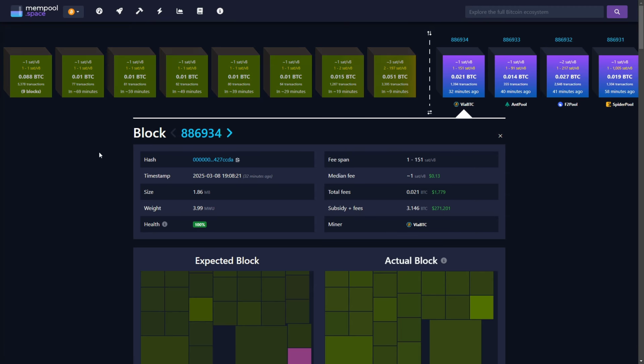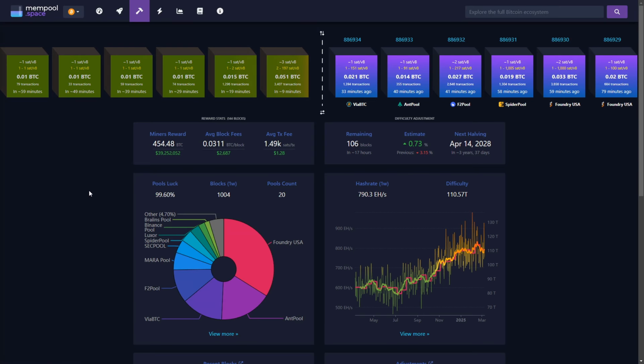Let's go over to the next tab at the top here, which is the mining tab. So this is all the information you need to look at the mining statistics. I guess we'll look up here.